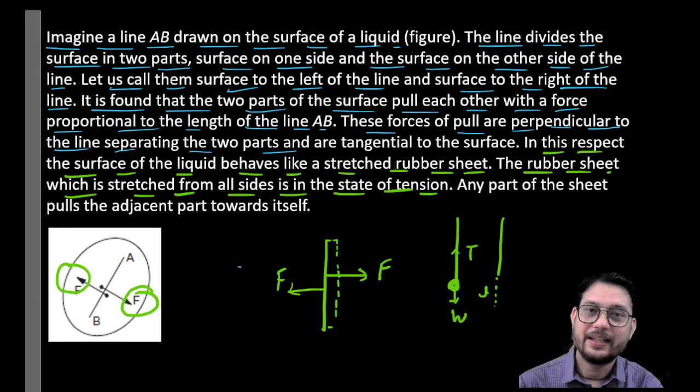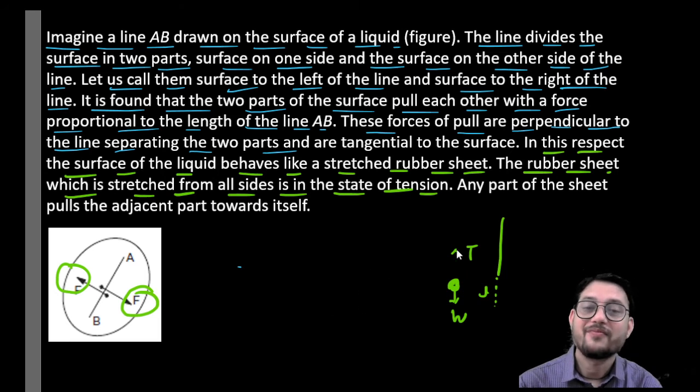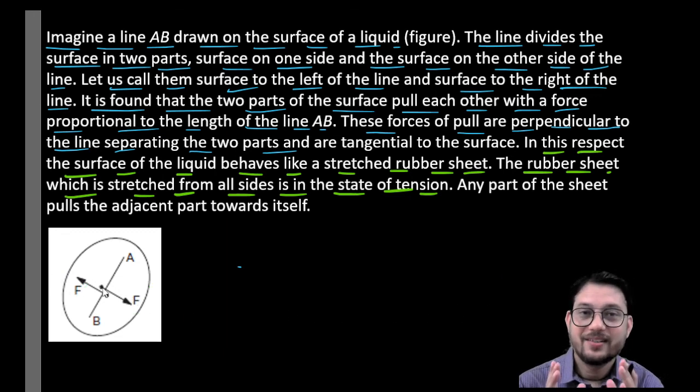So we can simply say that a force is applied by the molecules, and which type of force? That is asymmetrical force. Due to asymmetrical force there is some stretching, so we can say a change in configuration is there.